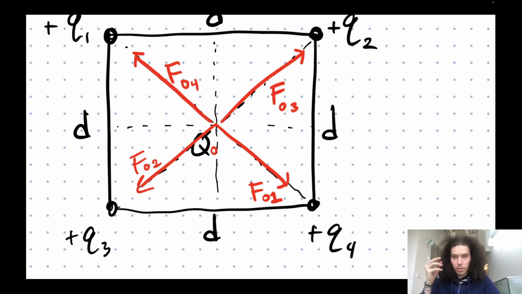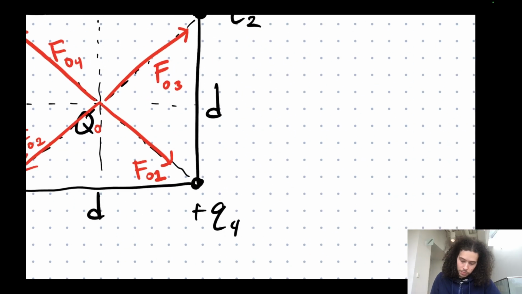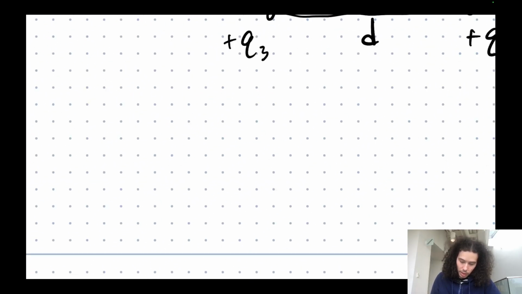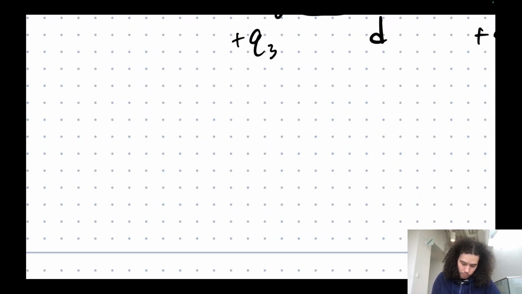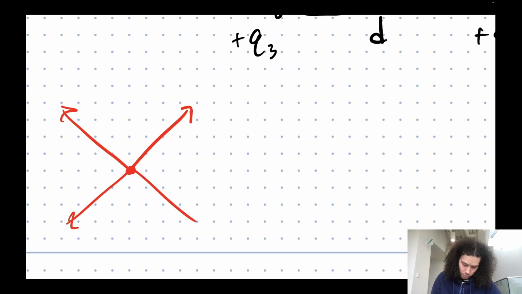They're all going to be exerting equal amounts of forces on each other, meaning that this vector is going to cancel out this one. This vector is going to cancel out that one.